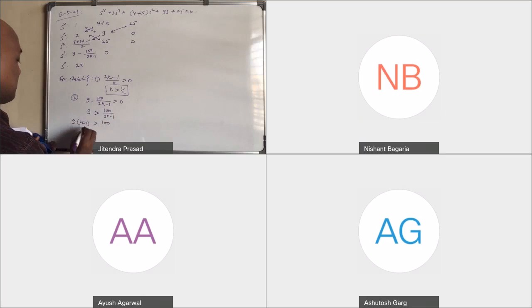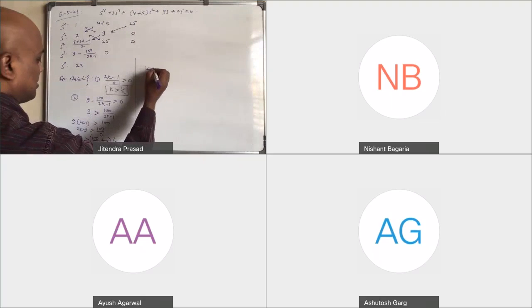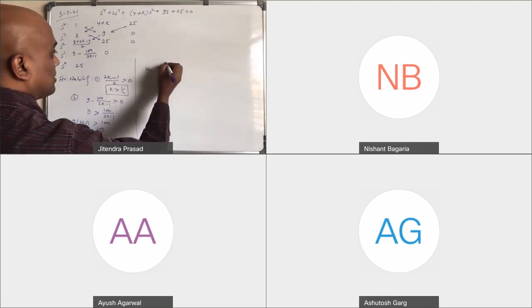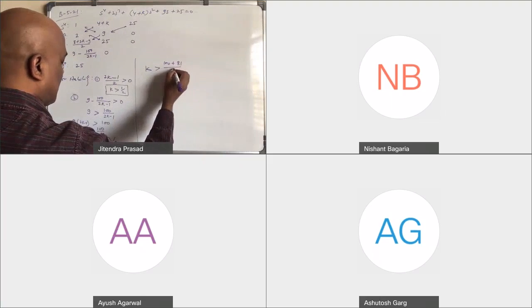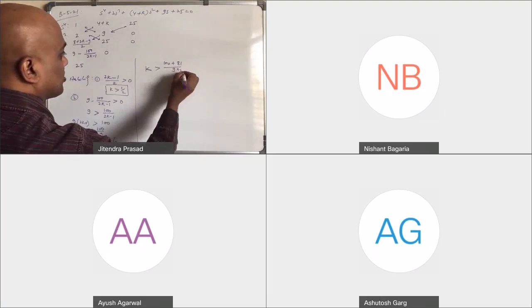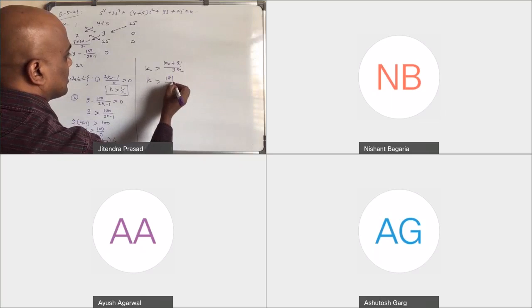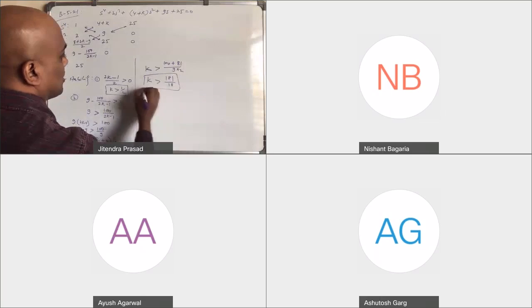And we get 2k minus 9 greater than 100 over 9, and that tells us k has to be greater than 100 over 9 plus 9 divided by 2, or in other words, k has to be greater than 100 plus 81 divided by 9, multiplied by 2, or k greater than 181 over 18. So this is what we get.